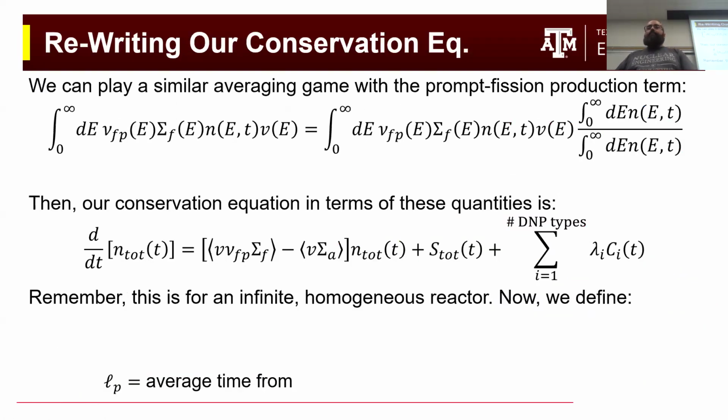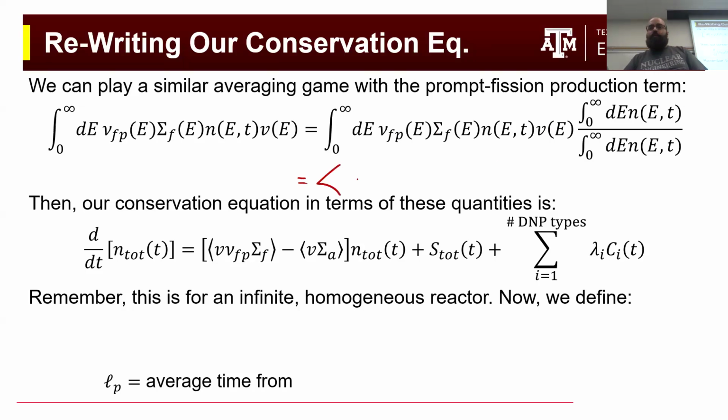And if we look at the prompt fission production term, we can do a similar game, in that we can take it and multiply top and bottom by that same ratio. And we can recognize then that this is going to give me a weighted average of my prompt neutron number, the number of neutrons per prompt fission, times sigma f times my speed.